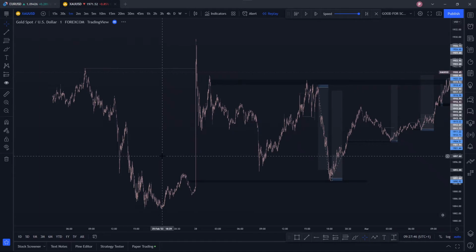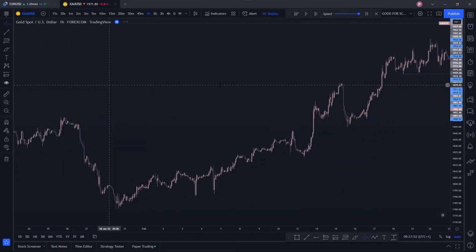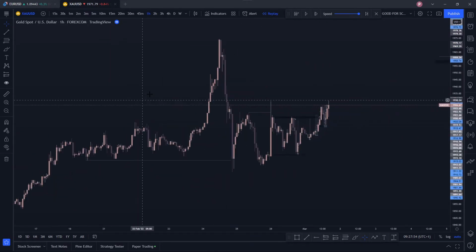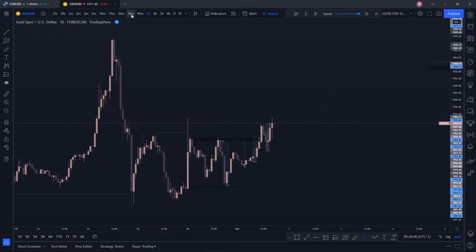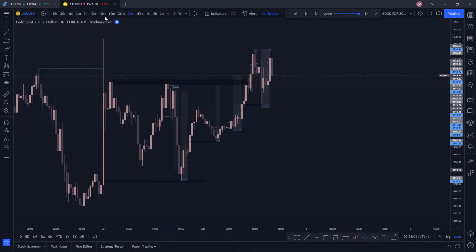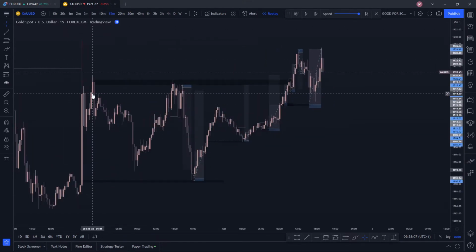Okay, for the first sell, we can see that we're coming from a high time frame level. As one of my friends would say, just don't choose a random POI, choose a high time frame POI and then work your way down the low time frame. We're coming from this 15 minutes order block with imbalance and all that.